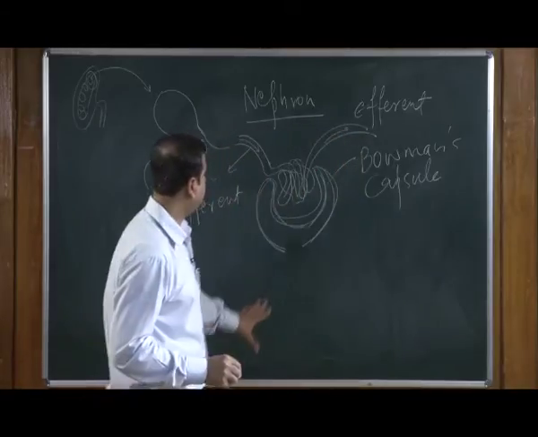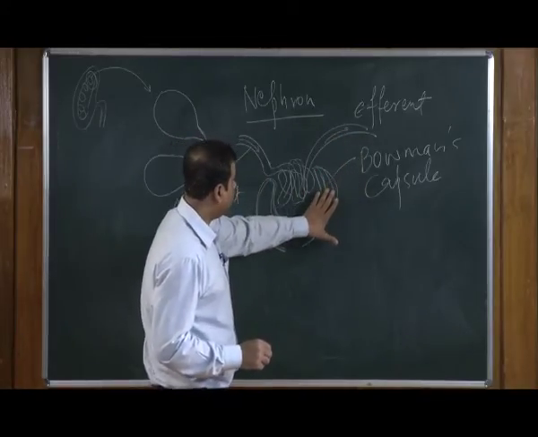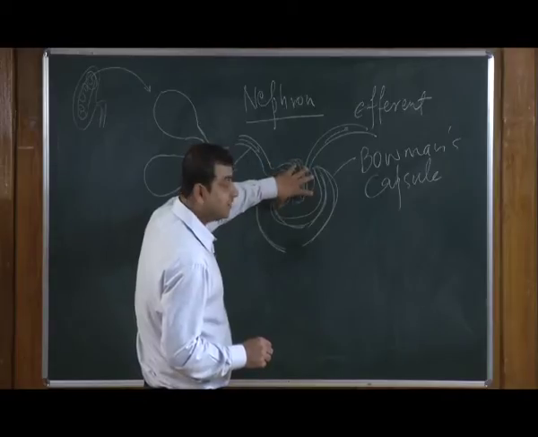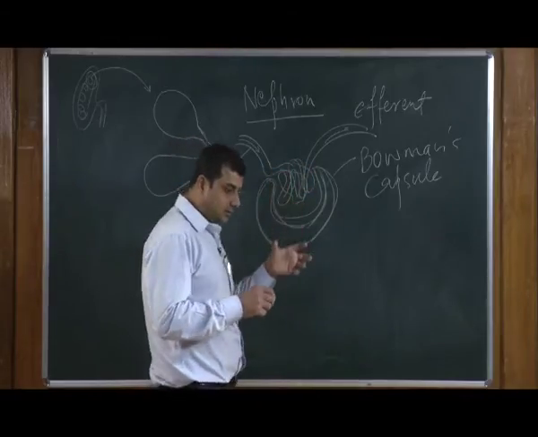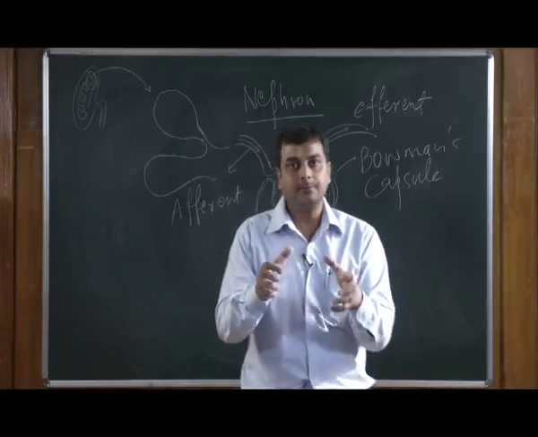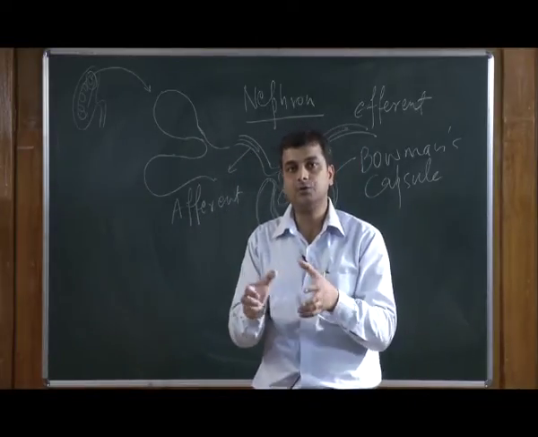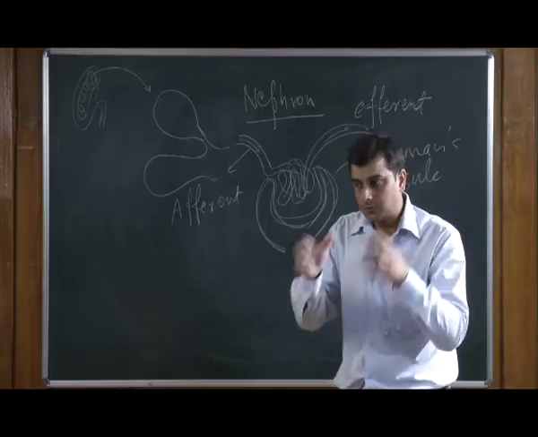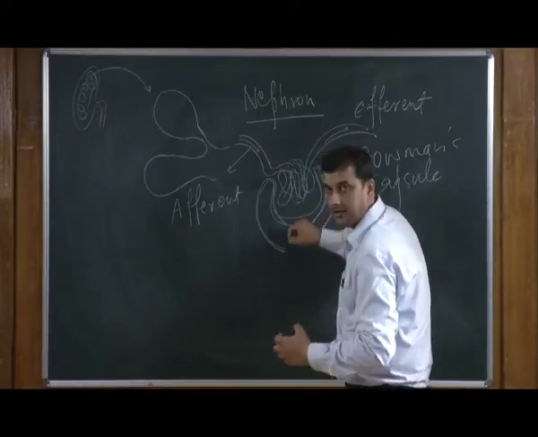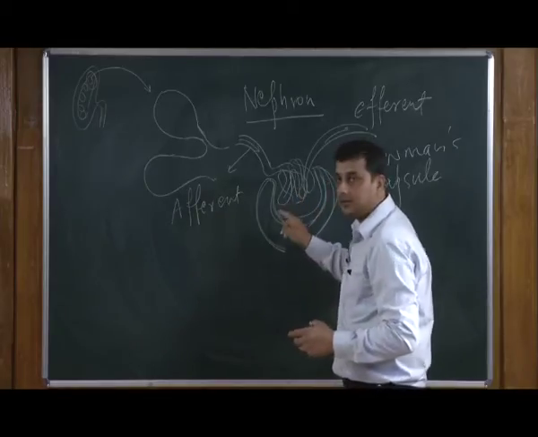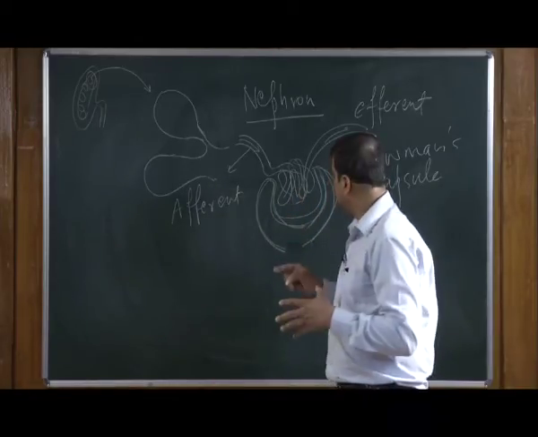This Bowman's capsule is the area where the filtering unit is, with a kind of anastomosis. This is a very specific terminology people use to show that there is a lot of branching of these very thin capillaries. We will try to understand how these capillaries are built up in this area.